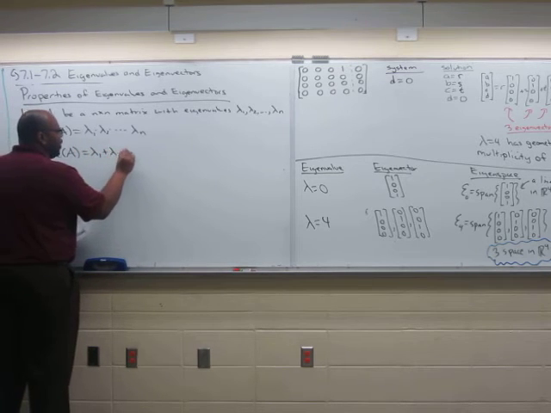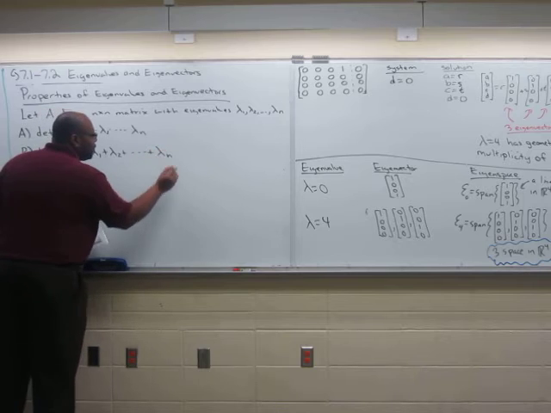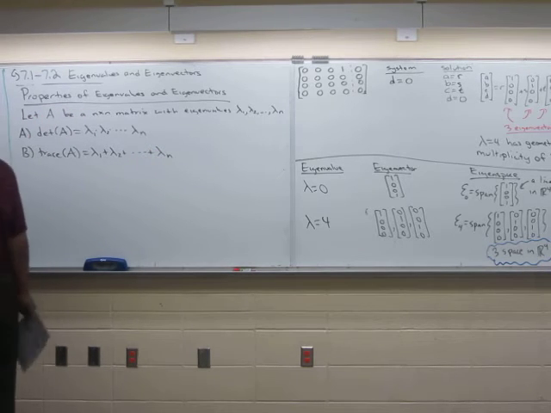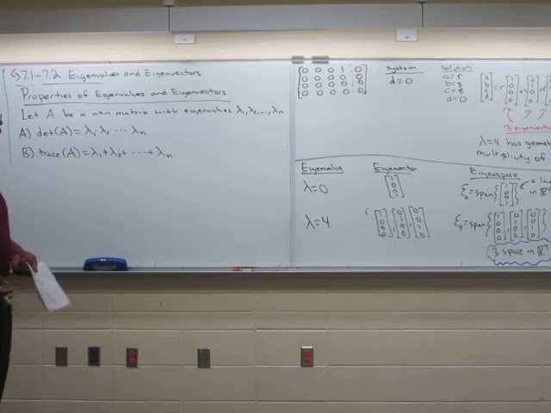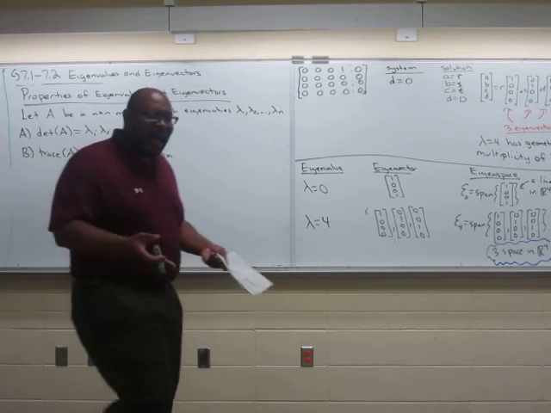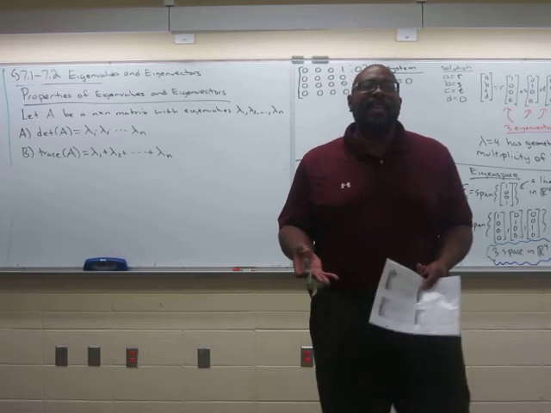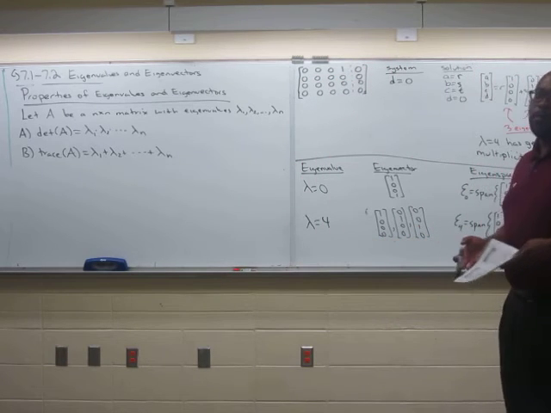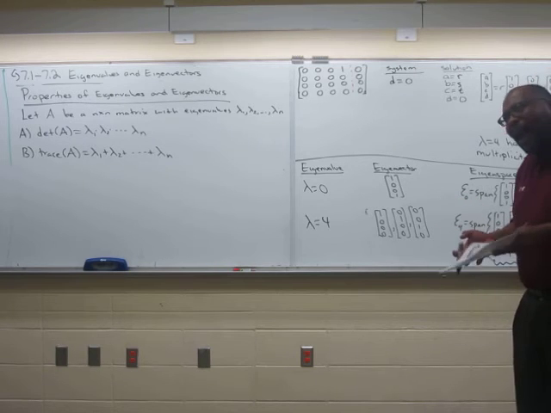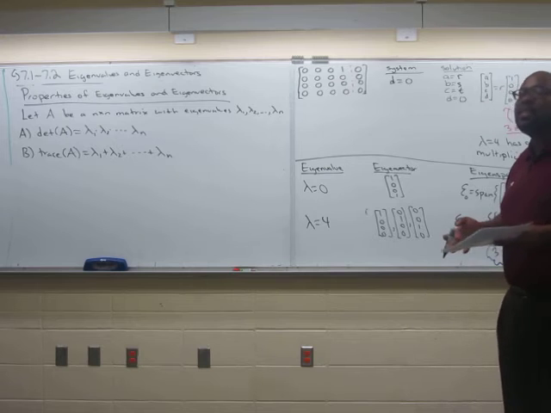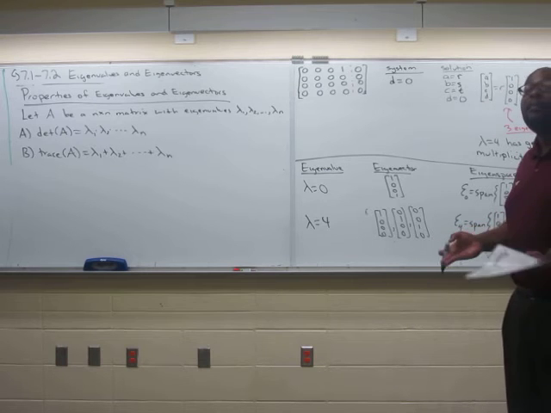And that's just weird. Man, you mean that if I know what the eigenvalues are, I know what the determinant and trace are? And I say, yes, the eigenvalues are kind of like the DNA of a matrix. If you know the eigenvalues and the eigenvectors, you essentially know everything you need to know about the matrix.